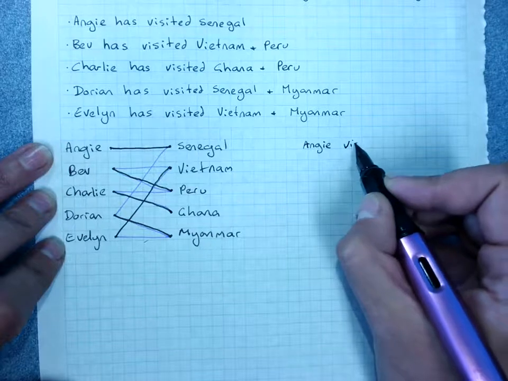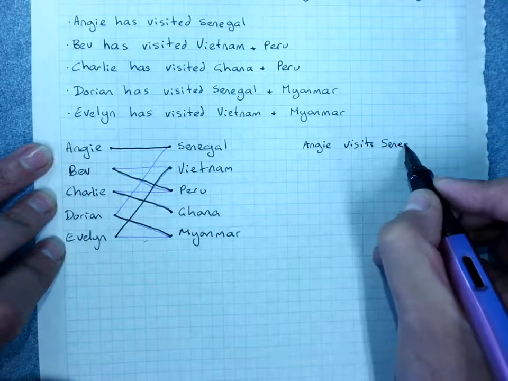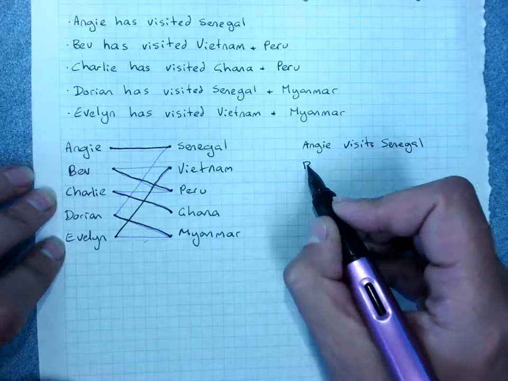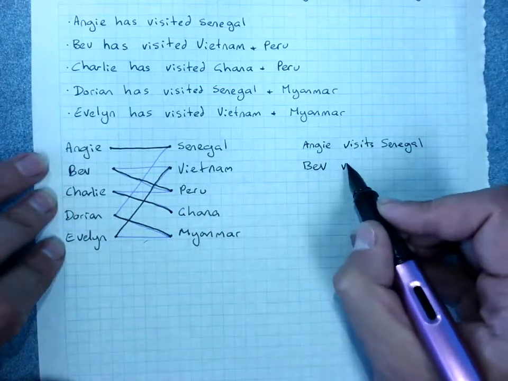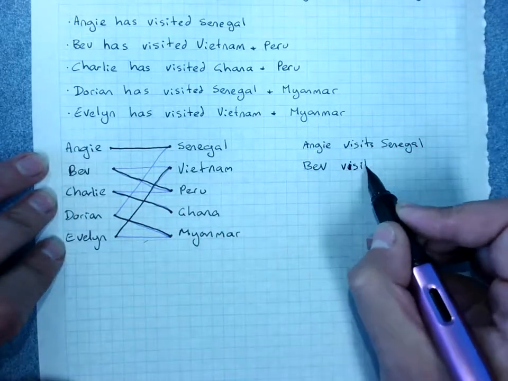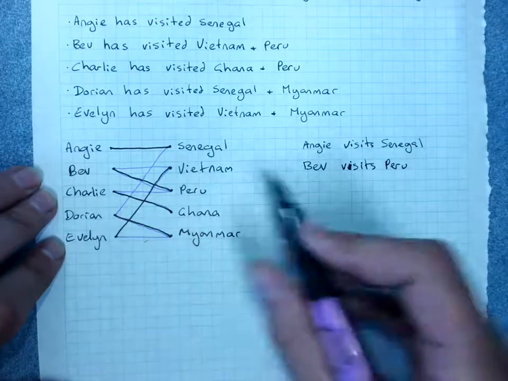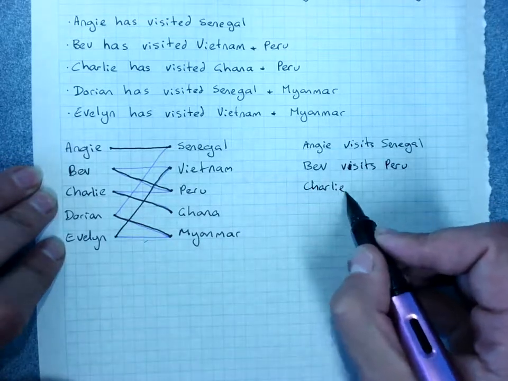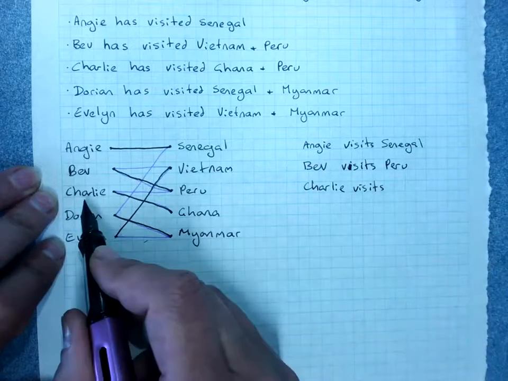Angie, Bev ended up with Peru. Whoops. Charlie, where'd Charlie go? Ghana.